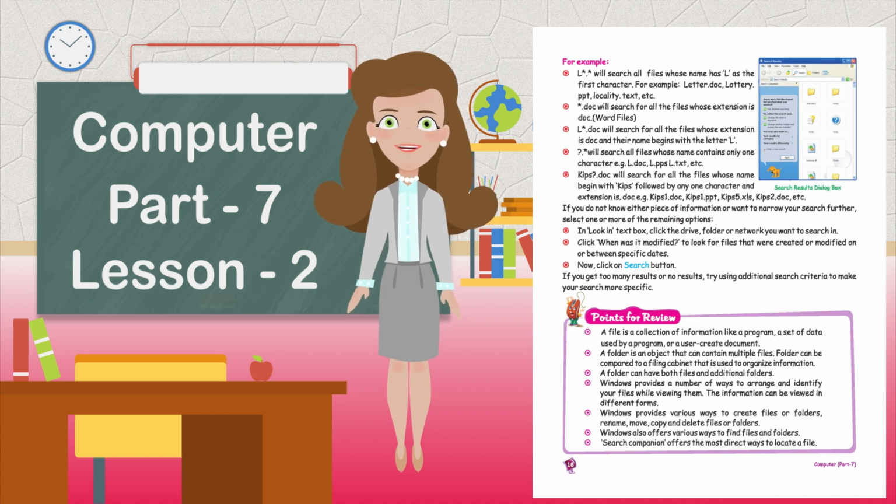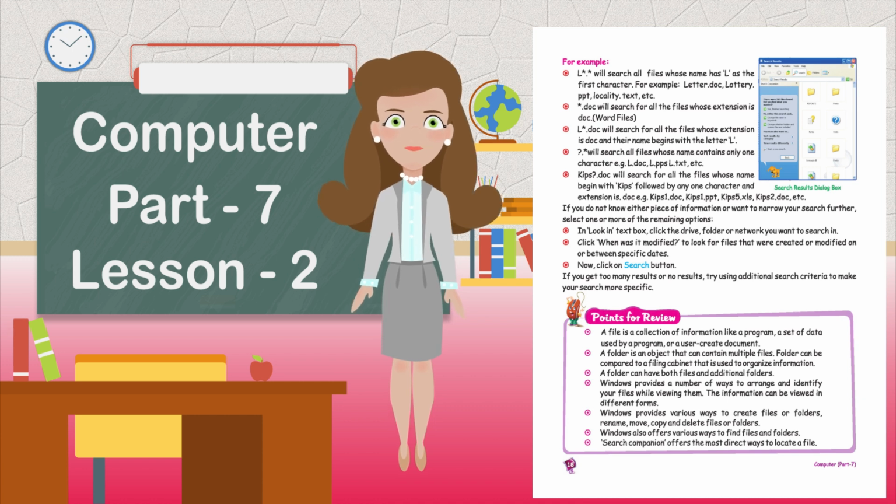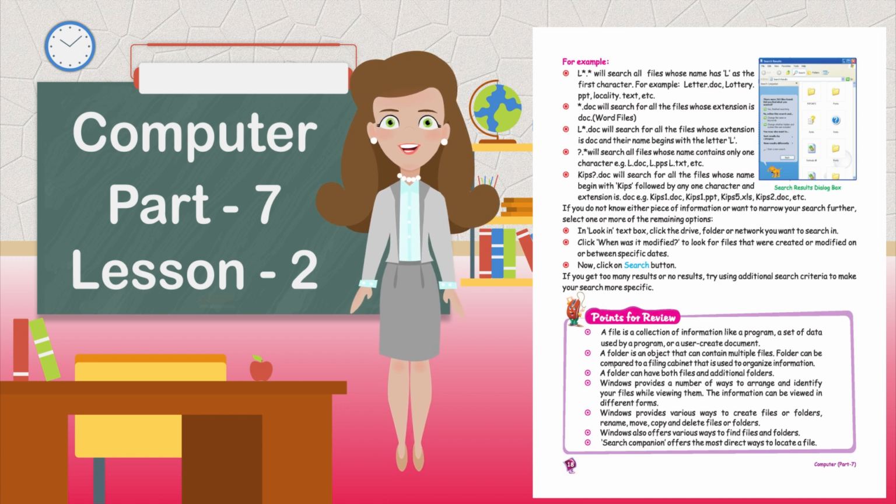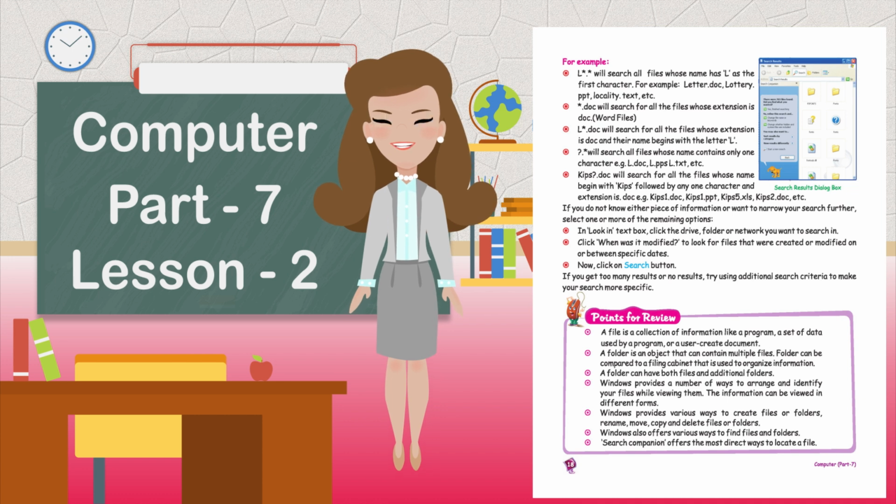Click When was it modified to look for files that were created or modified between specific dates. Now click on the Search button. If you get too many results or no results, try using additional search criteria to make your search more specific.